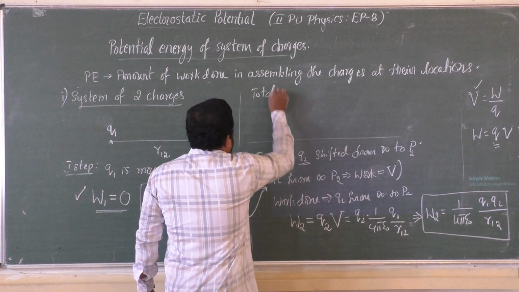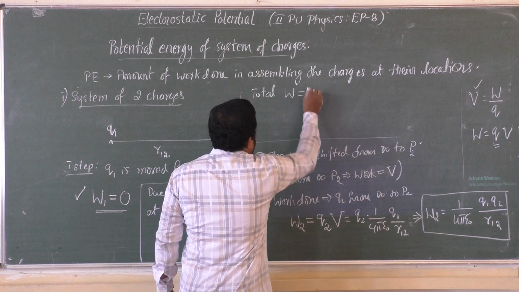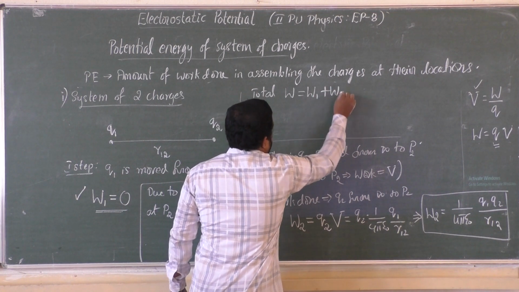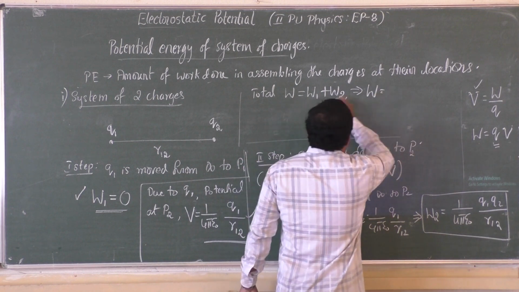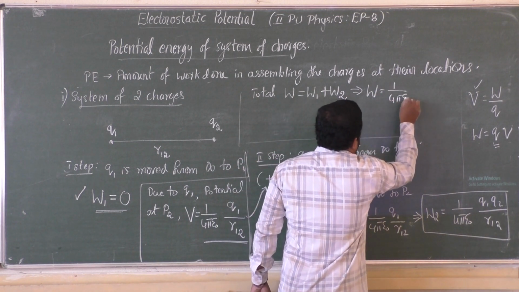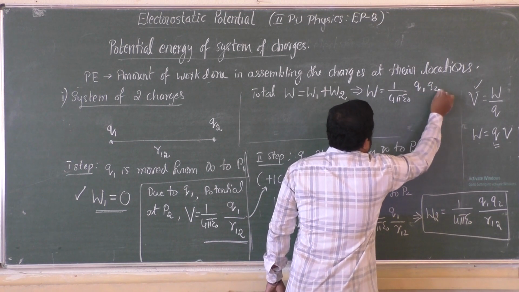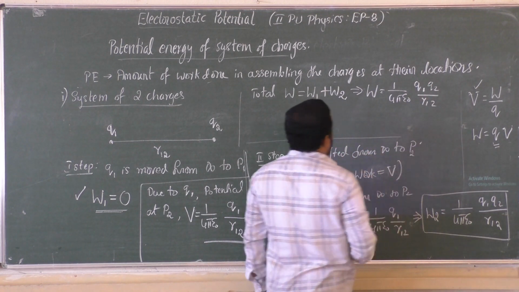Therefore, the total amount of work done, W is equal to W1 plus W2, which means W is equal to 0 plus 1 by 4 pi epsilon naught Q1 Q2 divided by R12.